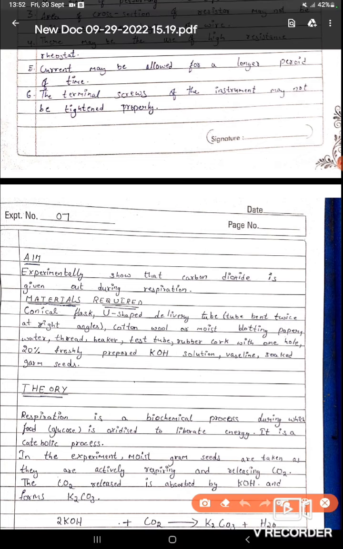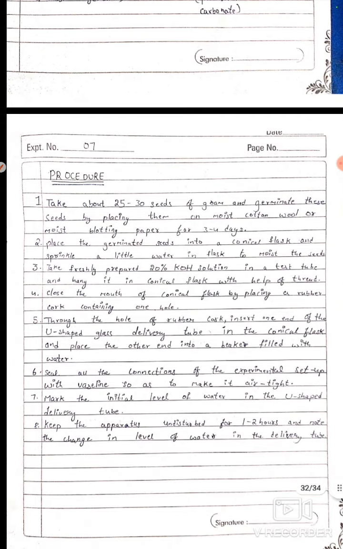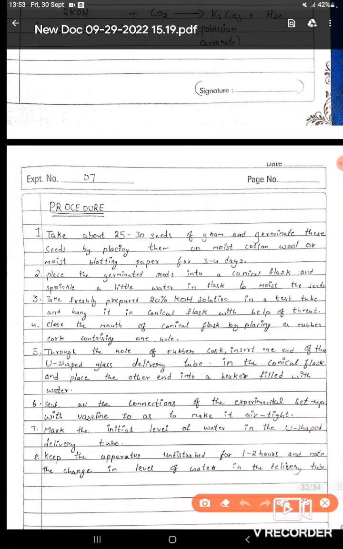In the same way here also, the aim is there, so you should maintain the label, and the date should be different for the other experiment, and the page number should keep going continuous. Theory, right? Procedure fine. I think the writing for this procedure is good.